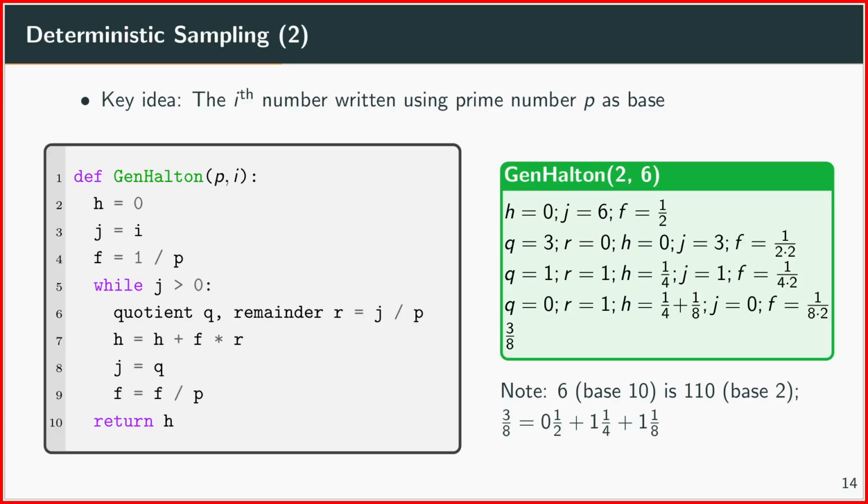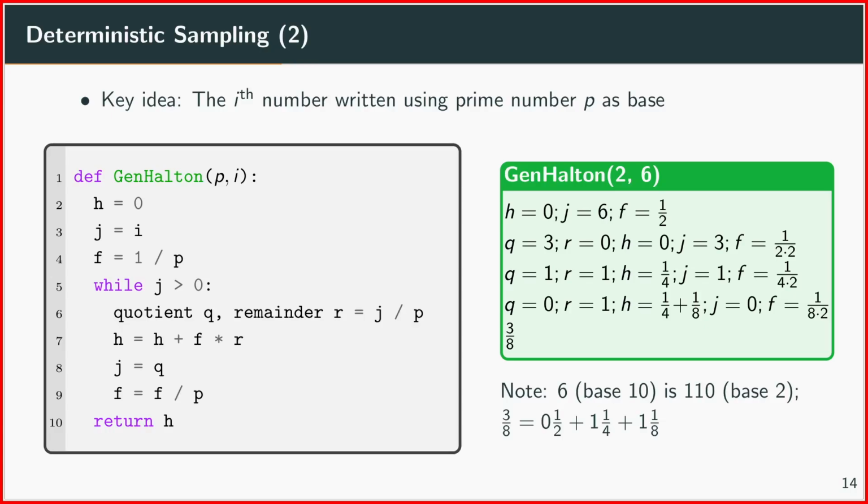You compute j divided by p, which is basically the fraction you get here for the base. You get a quotient and a remainder of this computation. So in this case here, you have q is 3, r is 0. And then you go on and you update your h. h is 0 in this case. You update j, which becomes 3, and you also update f, which is 1 divided by 4.